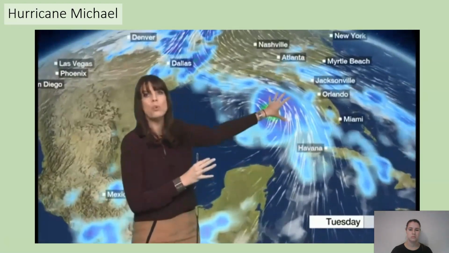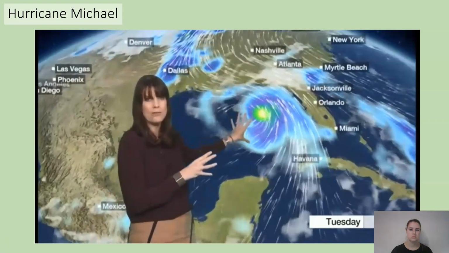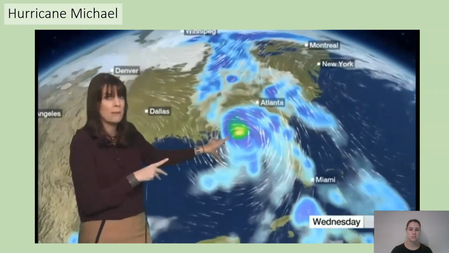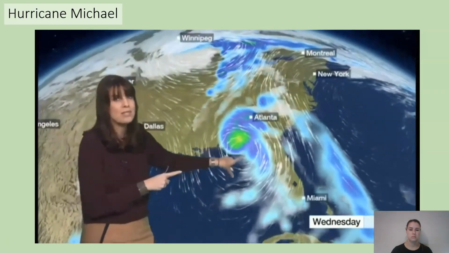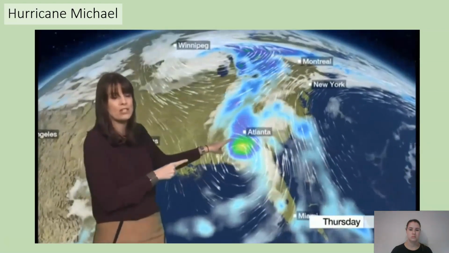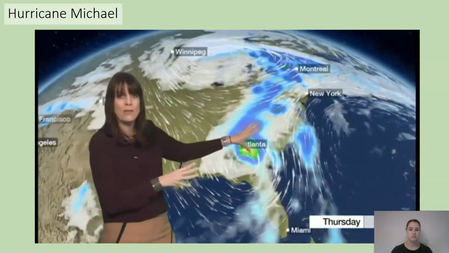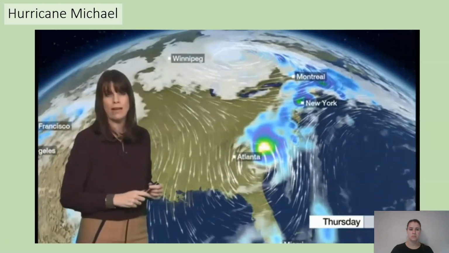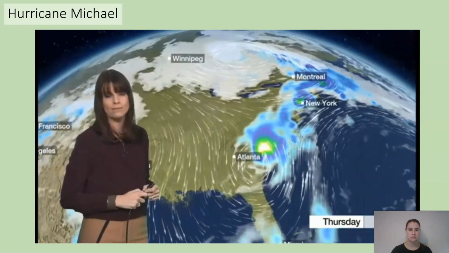It will start to push towards the shores late Tuesday, but through Wednesday is when we'll see those big storm surges really affecting the coast of Florida. Also, I think we're going to get some very poor weather for Alabama. Damaging winds and heavy rain could be the biggest issue as we look at Georgia and the Carolinas in the coming days, particularly for the Carolinas following on from the heavy rain after Hurricane Florence.